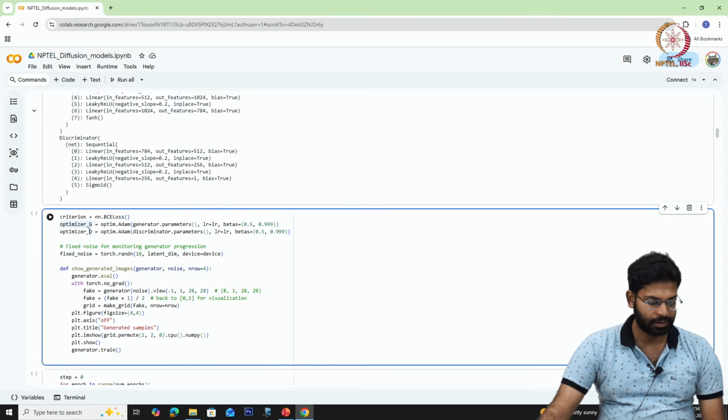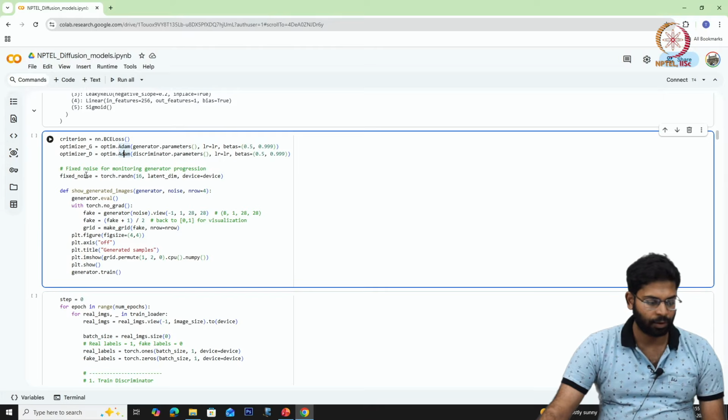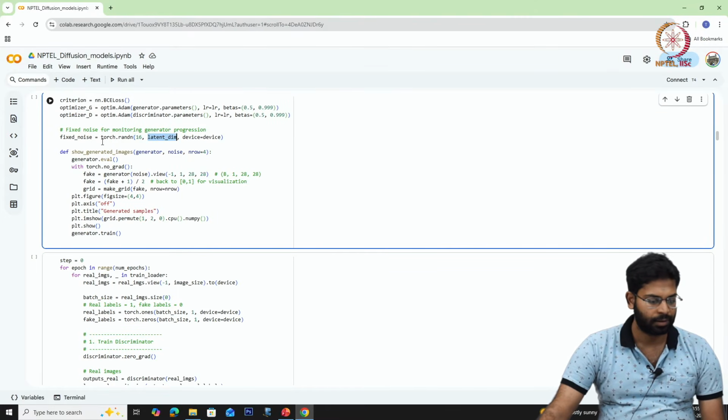The optimizers are defined using Adam. You mention the learning rate and the decay functions, and then you have to define the noise, that is z, the latent variable, defined using a random Gaussian variable of latent dimension.